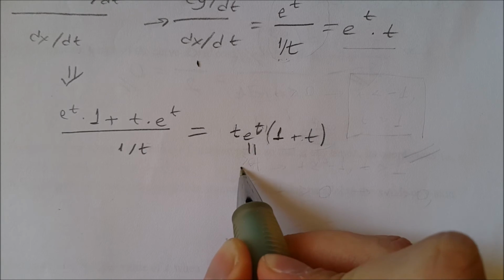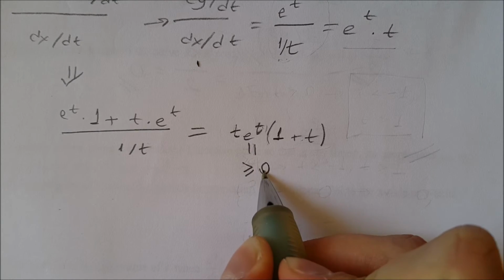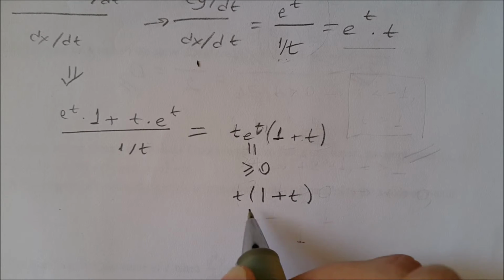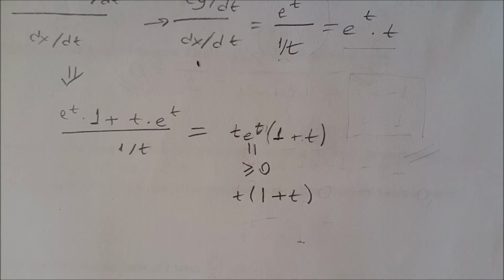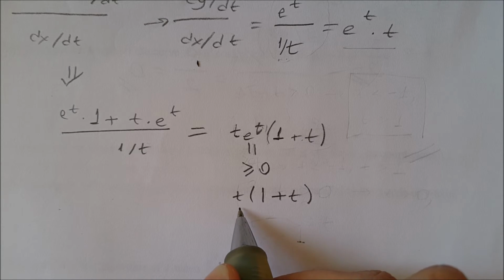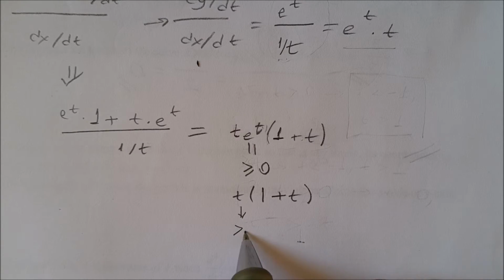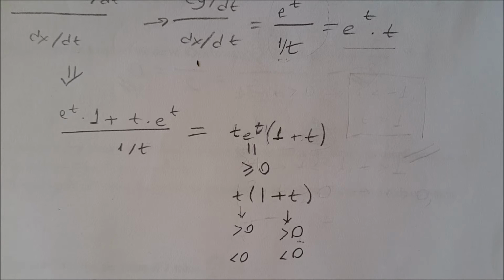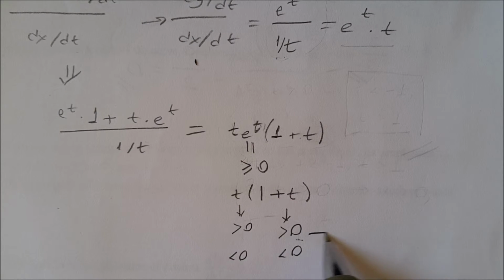E to the power of t will always be greater than 0. So we need to examine the other part of the equation, which is t times 1 plus t. So we want either both of these to be positive, or both to be smaller than 0. If we want both of them to be positive, t should be greater than 0.